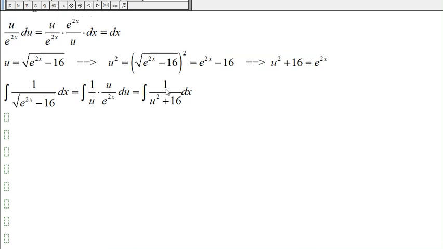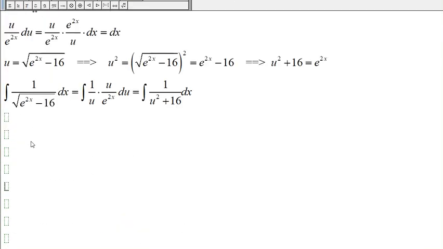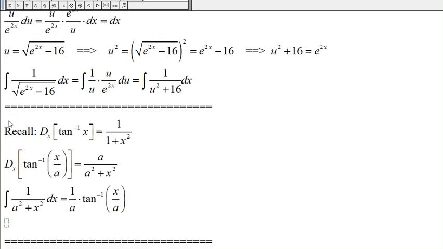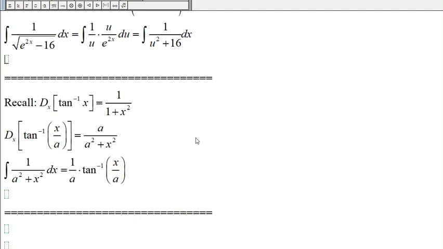So now the integral has the form of 1 divided by u squared plus 16. Recall that the derivative of tangent inverse of x is 1 over 1 plus x squared.